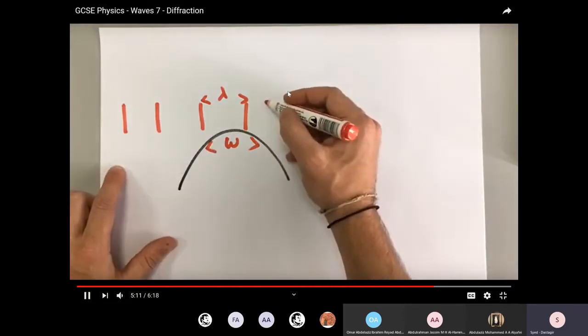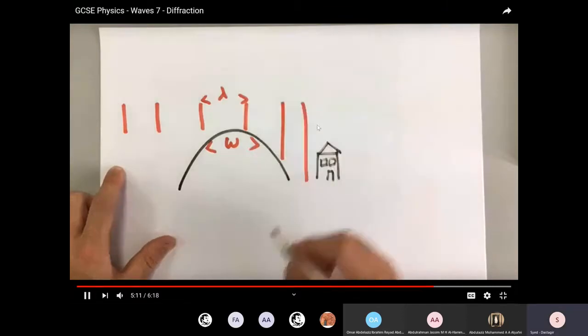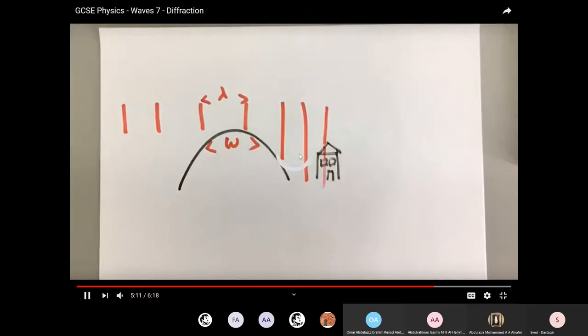So what will happen is, okay. Because it's similar to the edge, there'll be lots of diffraction, and the house will be able to receive these radio waves.